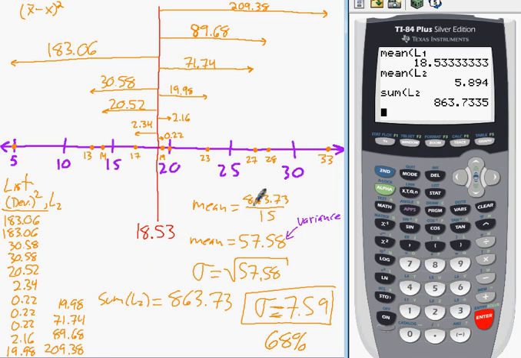Well, yes, the 863.73 is squared, and we're square rooting it, but the 15 isn't squared. And yet, we're still square rooting it in a sense because it's part of this 57. So that creates a slight difference. And the standard deviation is always going to be bigger than the mean deviation. It's, again, going to be about 68%.